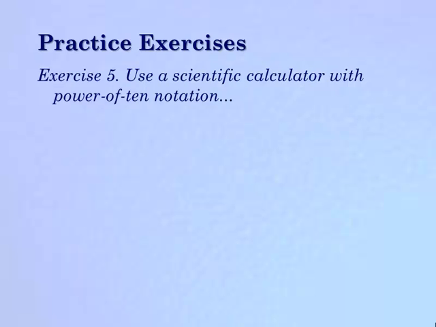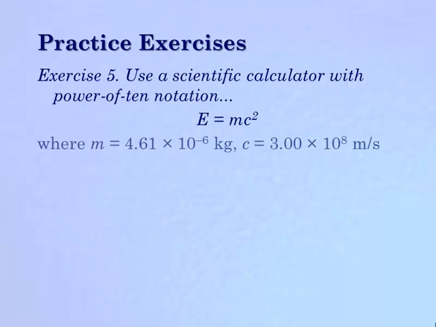All right, so how do we use a calculator to make some calculations? Let's try it with Einstein's equation of E is equal to mc squared, where mass is equal to 4.61 times 10 to the minus 6 kilograms. And c, the speed of light, is 3.0 times 10 to the 8th meters per second.